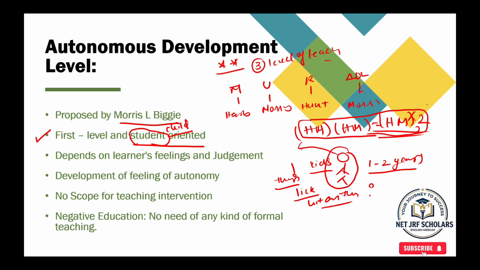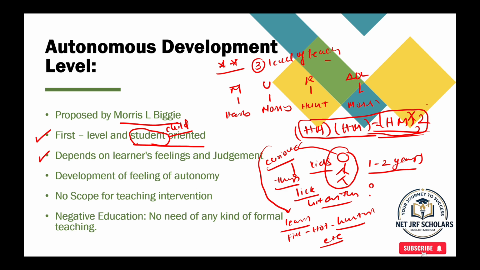Why do they do this? Because of the curiosity to understand the world around them. In this process, they learn many things, such as that fire is hot or hurting, and so on. So these things are learned by feelings and self judgments.